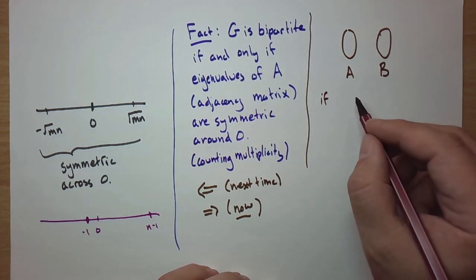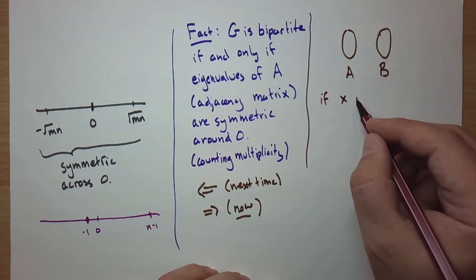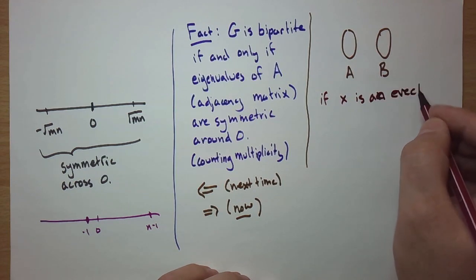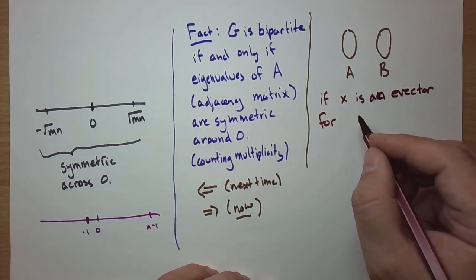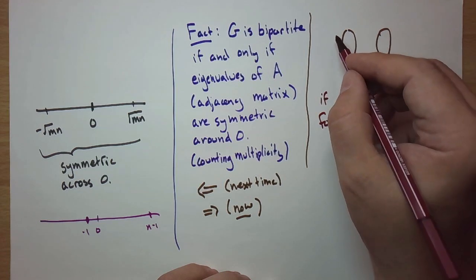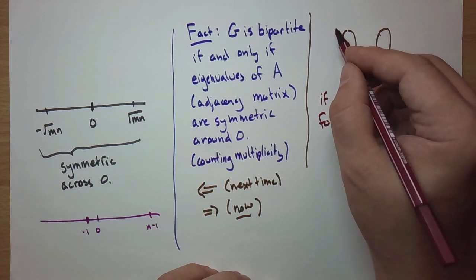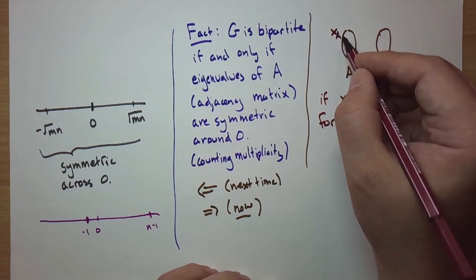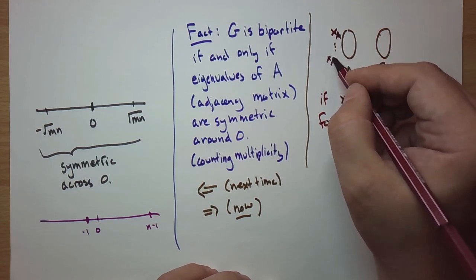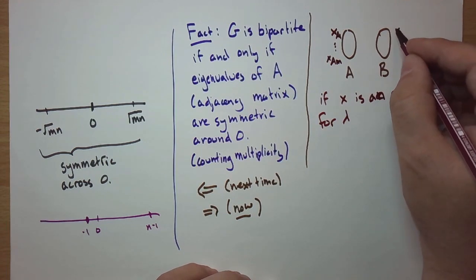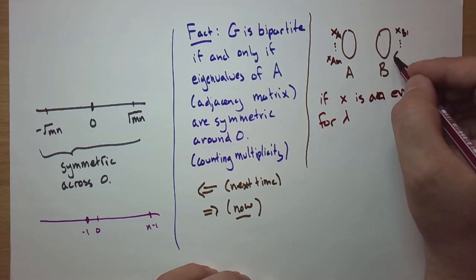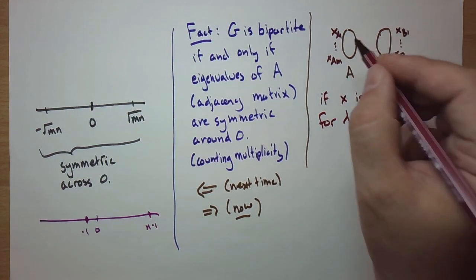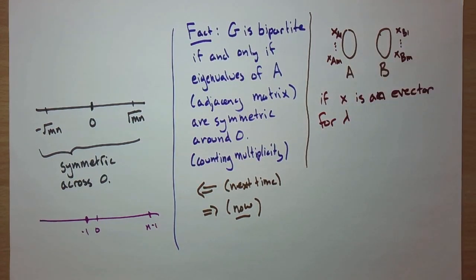If X is an eigenvector for lambda, okay, so I'll split my X up into two pieces. I'll call them X_A1 up to X_AM, X_B1 up to X_BN. Okay, so I have my eigenvector.